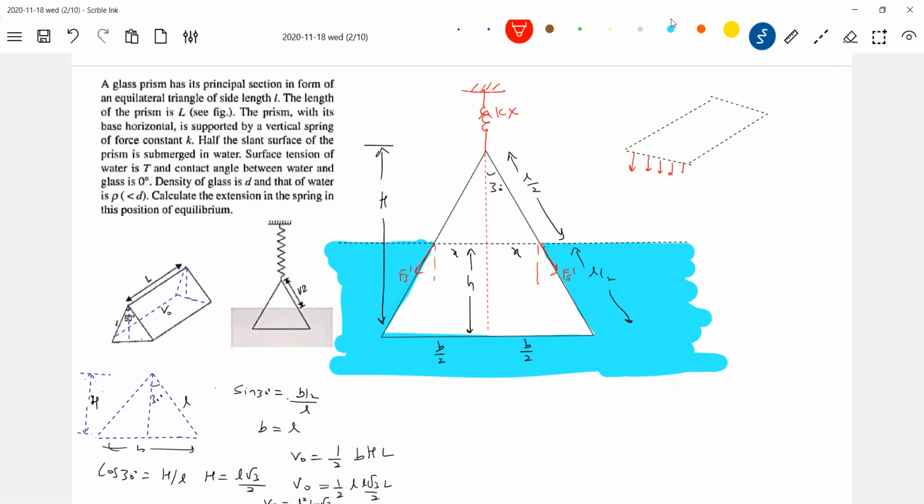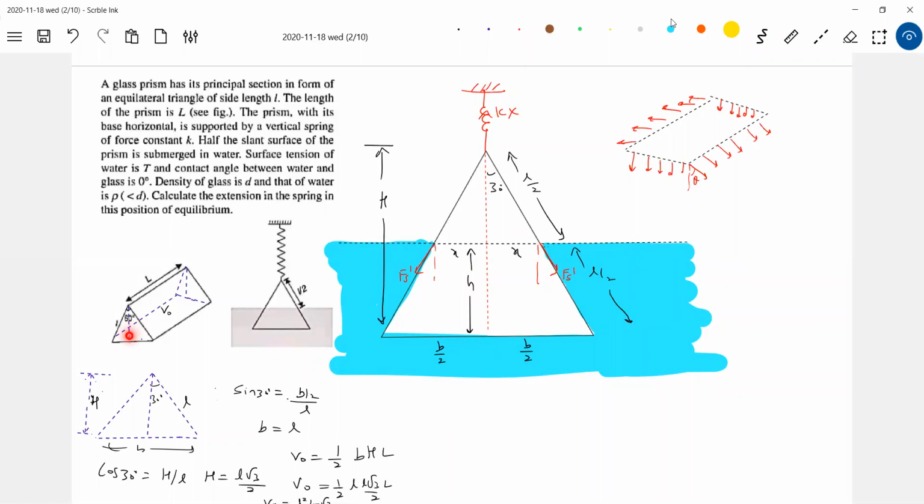On the side faces, it will be in this direction, making an angle theta. Later on, I'll show the theta. I think you should have that imagination. On the slant face, the force due to suffocation will act along the slant.